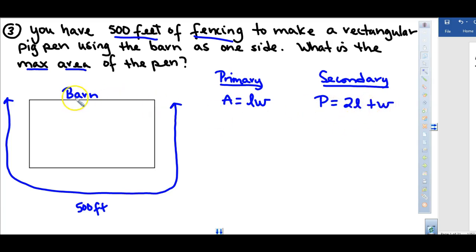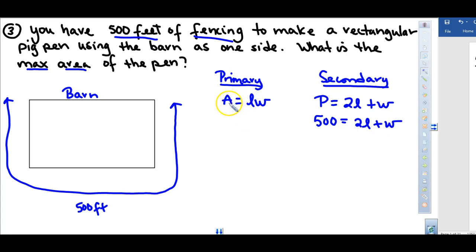Not 2 times the width, because we're not going to use that side. So I know that my perimeter is 500, and it's equal to twice the length plus whatever the width is.